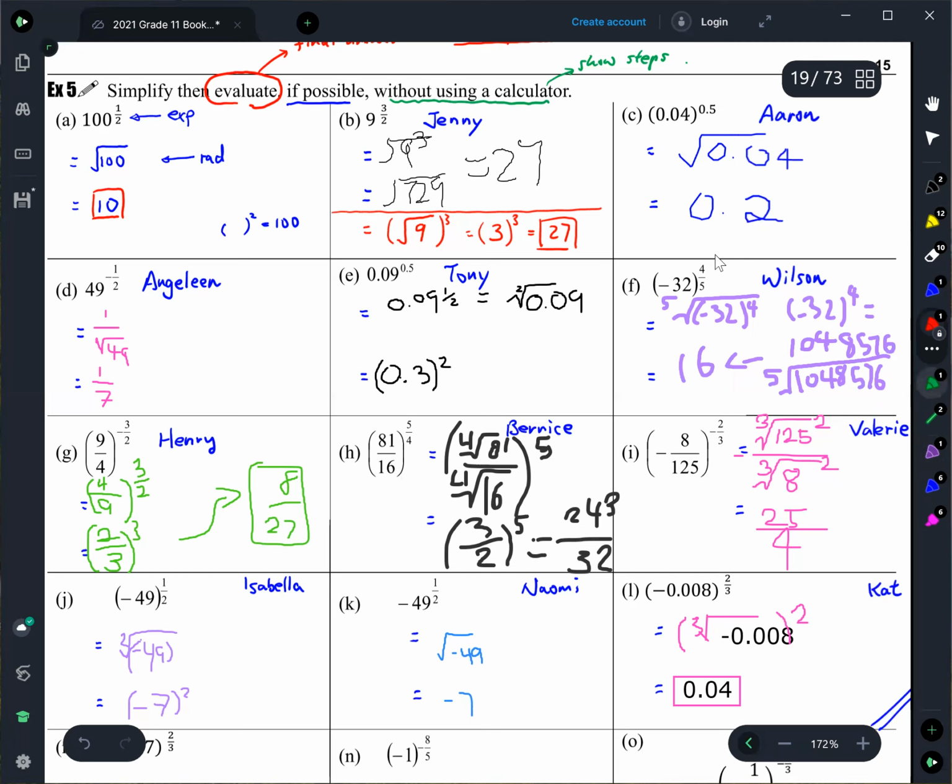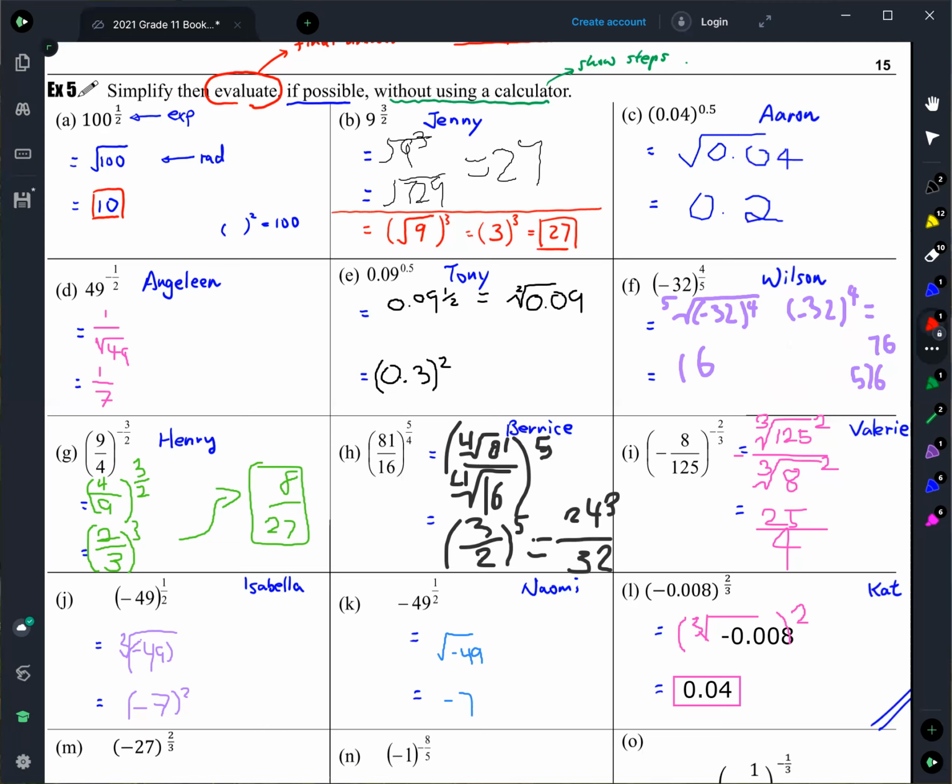Yeah, you cannot use calculator. So that's what we need to think about. How do we do it without a calculator? You will do the root first instead of bringing it to the 4th first, because it makes the number huge, right? Like question B, instead of 9 to the cube, we do square root of 9 first.